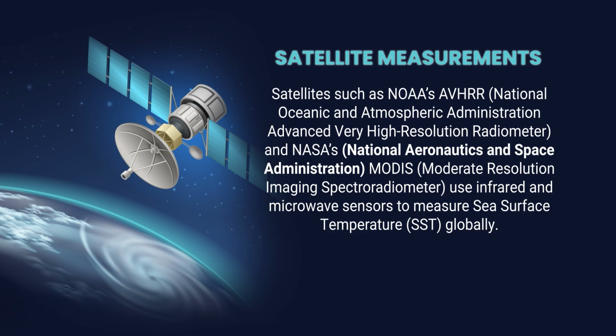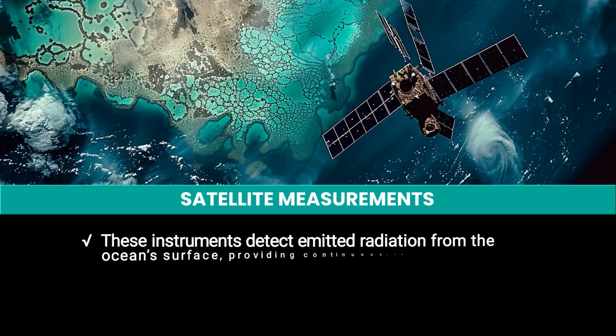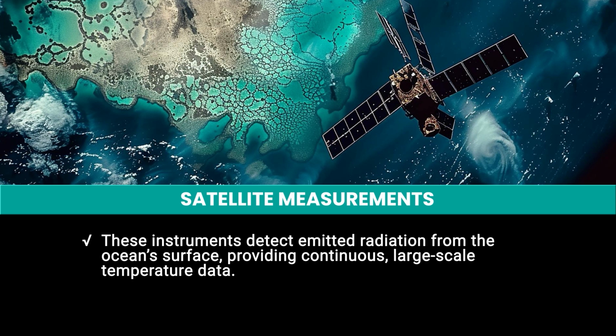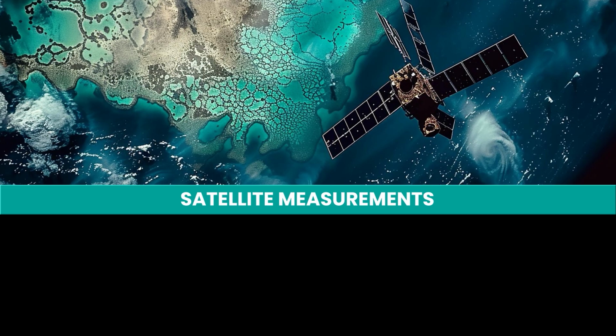NASA is National Aeronautics and Space Administration, and MODIS is Moderate Resolution Imaging Spectroradiometer. They use infrared and microwave sensors to measure sea surface temperature globally. These instruments detect the emitted radiation from the sea surface, providing continuous large-scale temperature data.